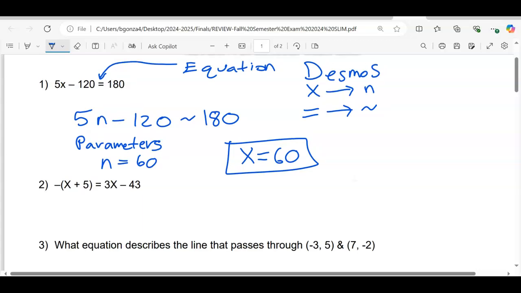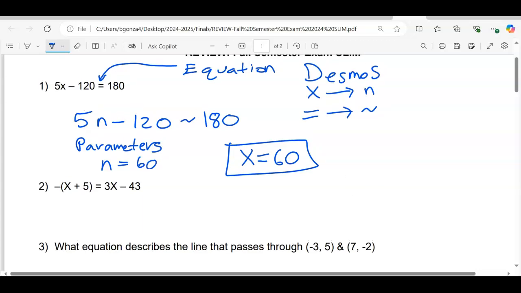Now, can you do it again? For another equation, we're going to replace x with the letter n and equals with the squiggle.